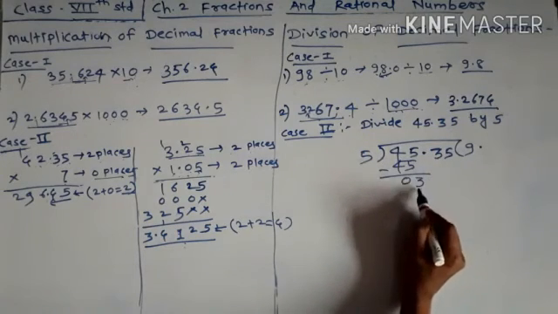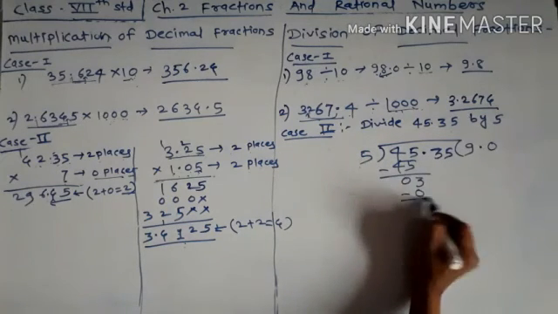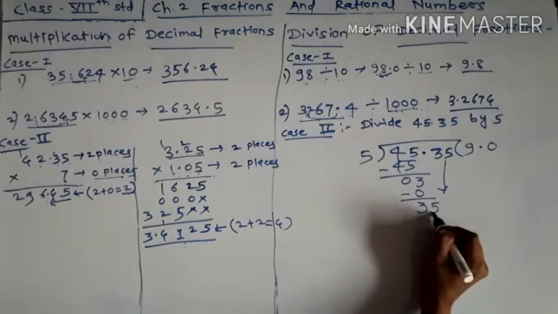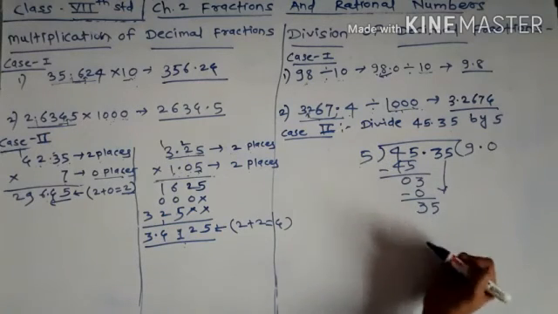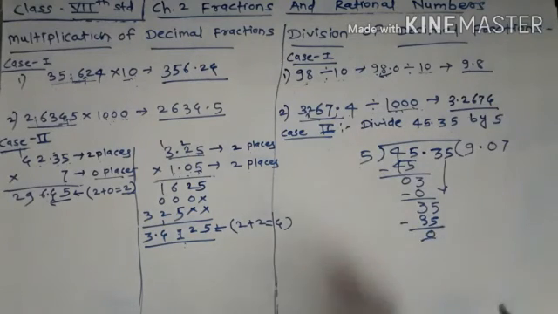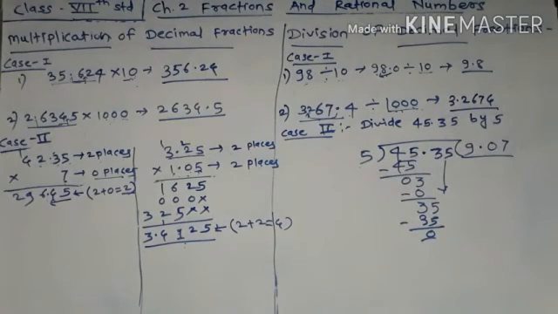Now here 3 is smaller than 5. So therefore we divide it by 0 and take the next digit, that is 5. Now divide it by 5, that is 5 7s are 35 and then we get the remainder 0. So here the answer is 9.07.